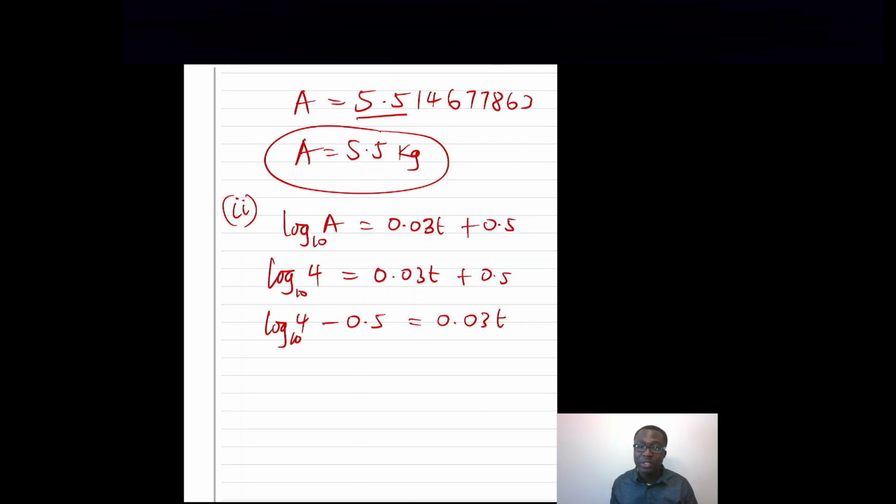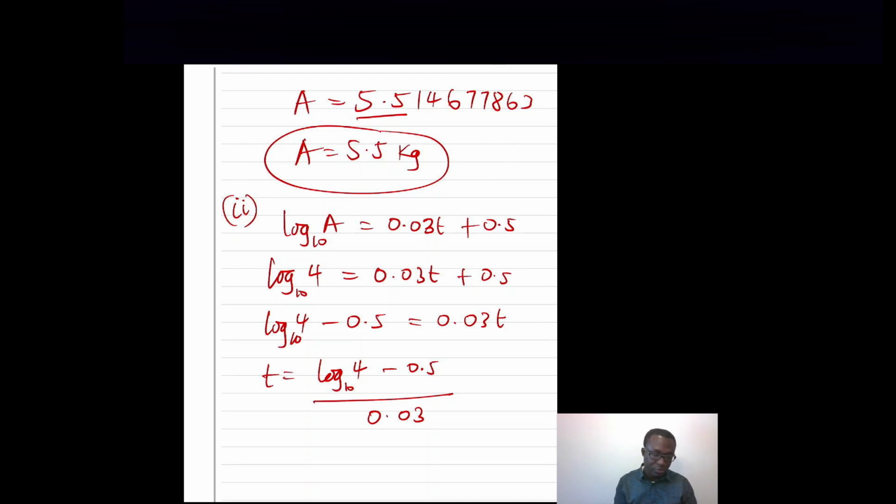We want to solve for t, so we'll divide both sides by 0.03. So t will be log 4 base 10 minus 0.5 all over 0.03. And you just use your calculator. Just be smart about how you use your calculator.